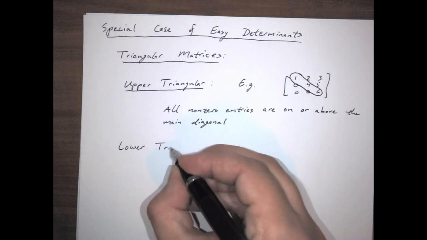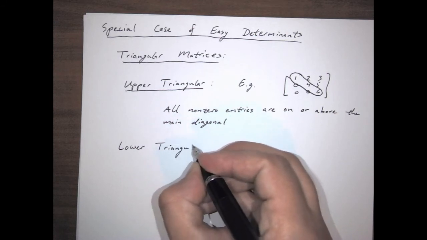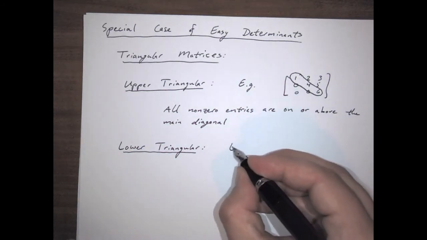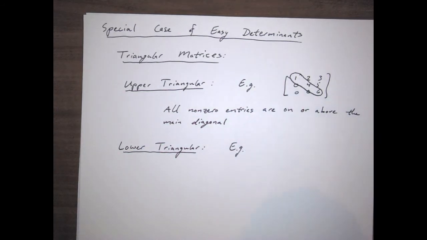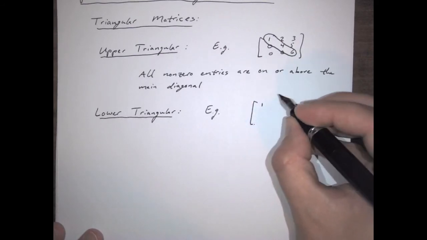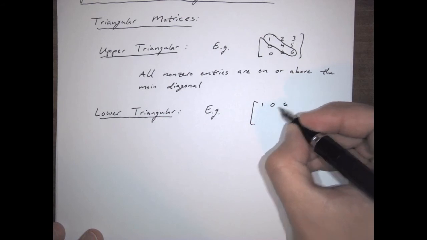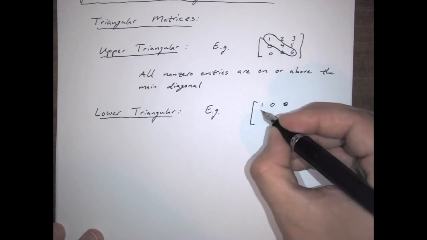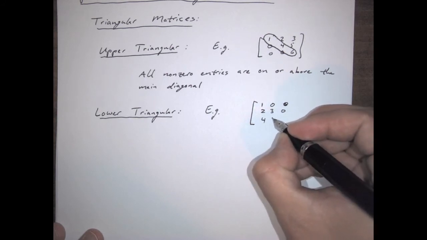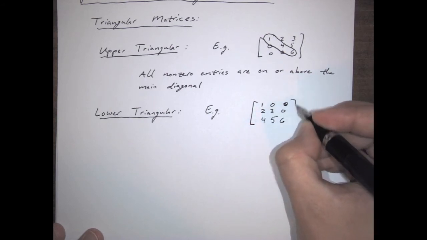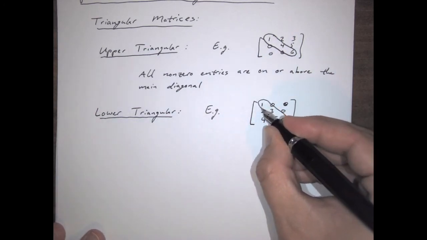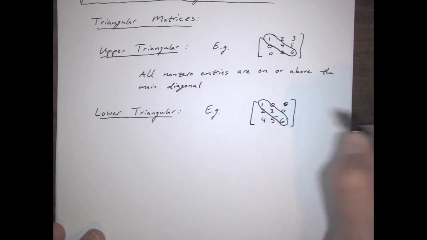Then there's lower triangular, which is very similar, just with the change that you would think. So 1, 0, 0, 2, 3, 0, 4, 5, 6, for example. And again, the main diagonal is the key player here.